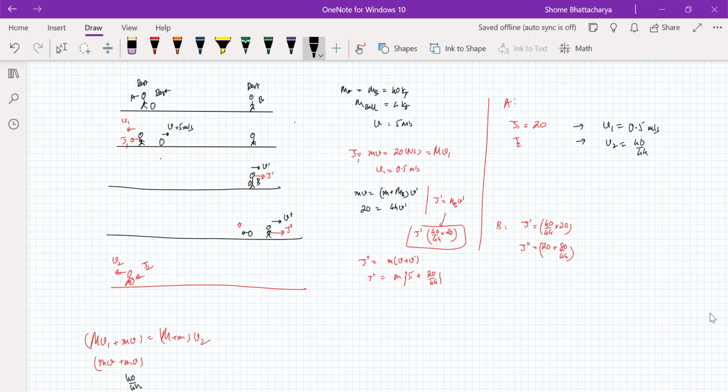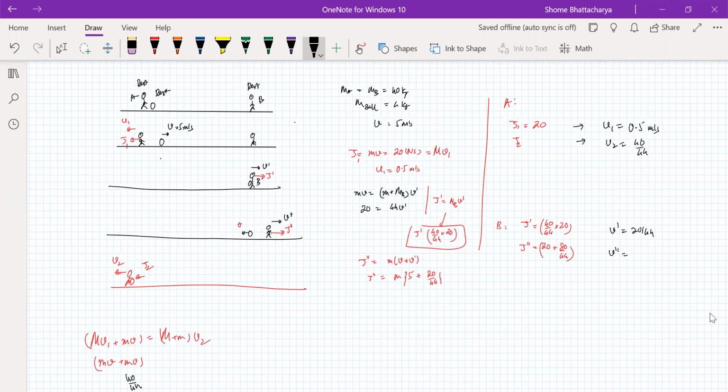Okay, anyway, now for B, what is this V prime coming to? 20/44. And then what is this V double prime? Anyway, for B we don't really require it.